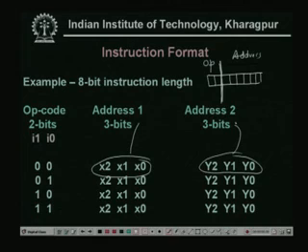We call these 4 2-address instructions. Now, how many different representations can there be with this 8-bit instruction length? Remember, this is one simple thing: 4 2-address instructions.